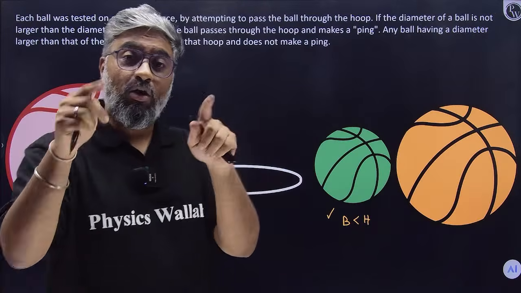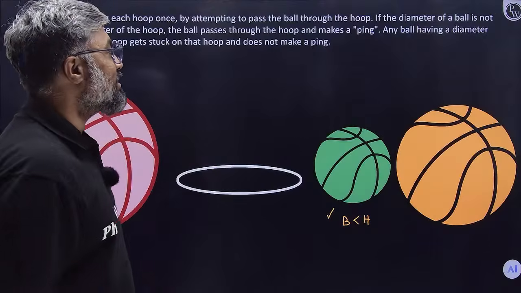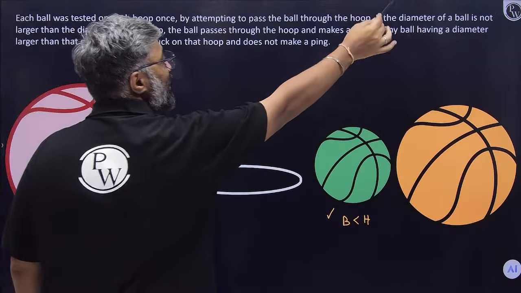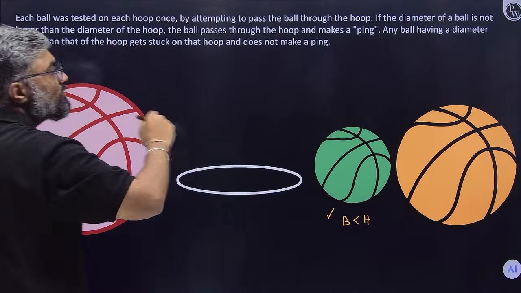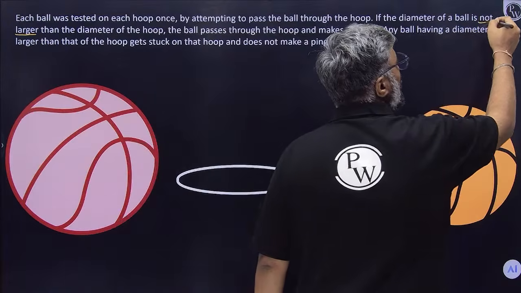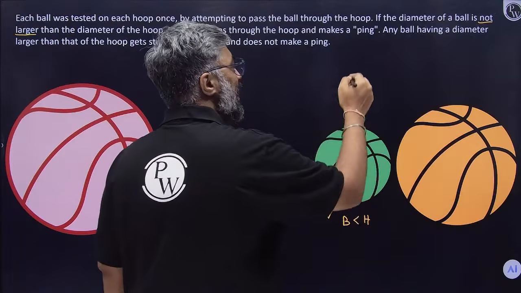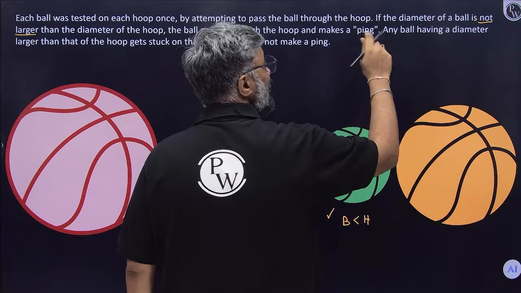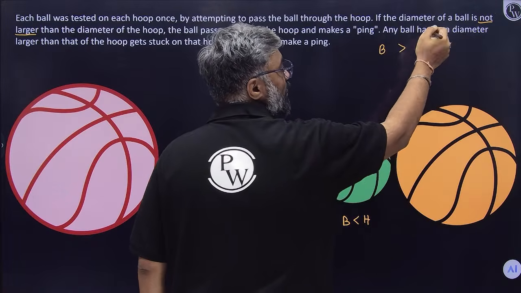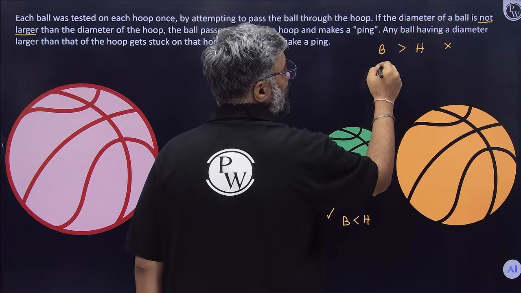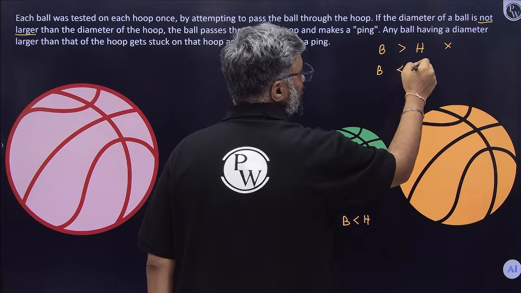But according to the condition, what does it say? The condition says if the diameter of the ball is not larger than the hoop. Not larger, what do we mean by that? This is not happening, right? So if this is not happening, what would be the cases? One would be obviously what we saw.